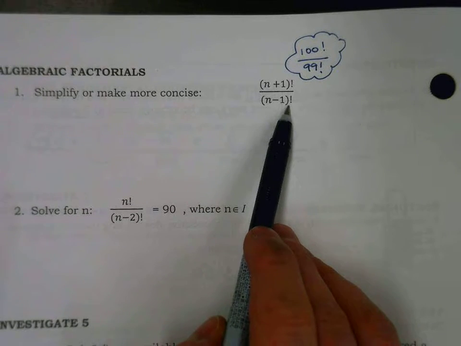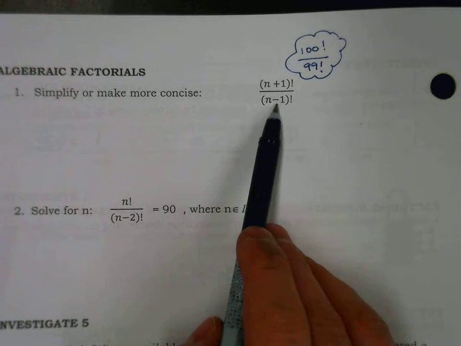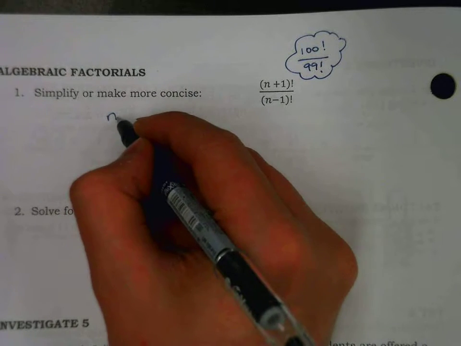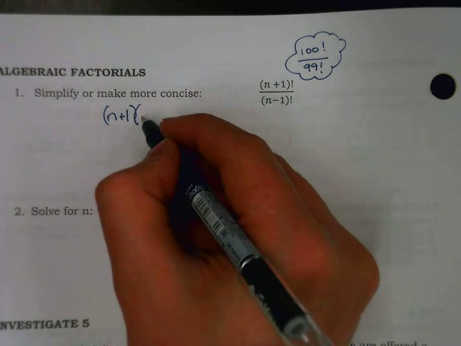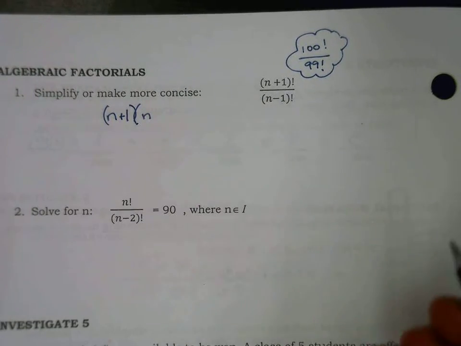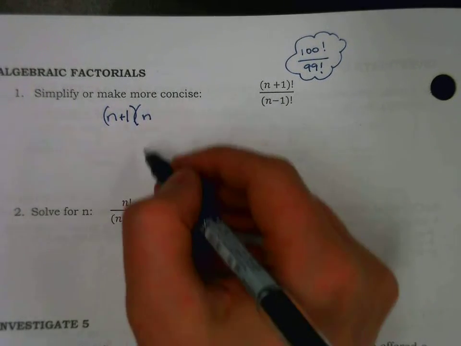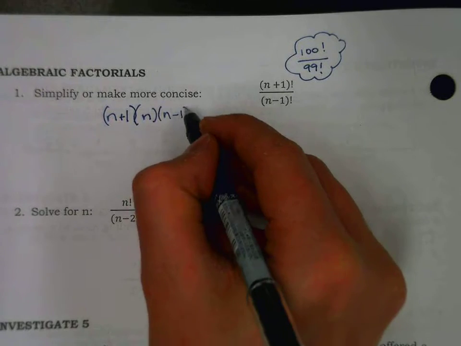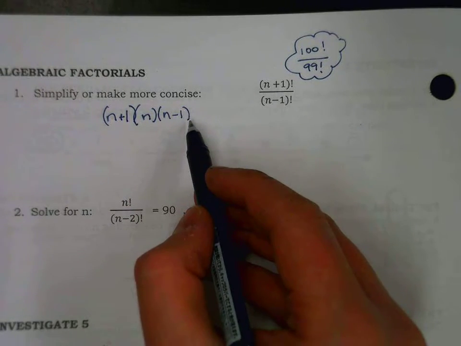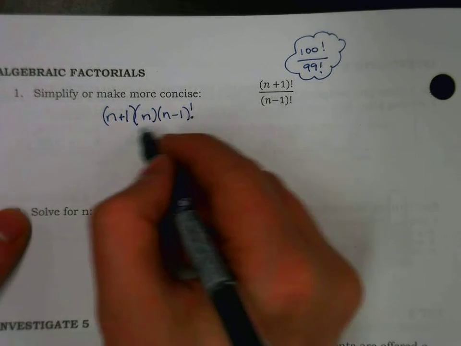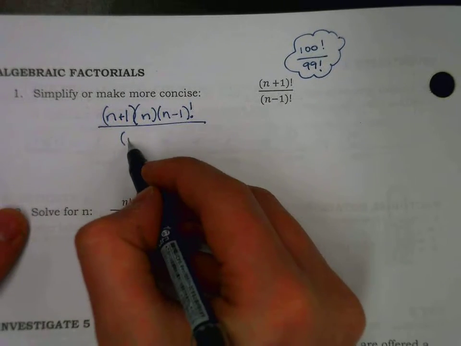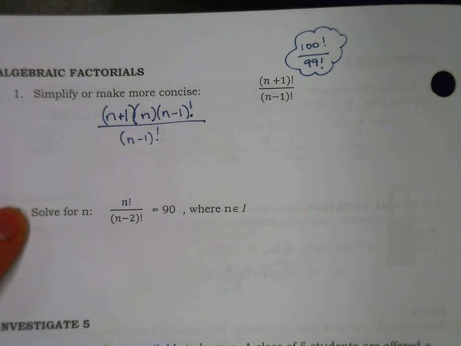We take the larger number, which in this case is the one that's adding 1, and we're going to descend n plus 1 factorial into an n plus 1, and then 1 less is n, take another 1 away, n minus 1, and I could keep going and say n minus 2, n minus 3, n minus 4, but I am going to stop there because I already have an n minus 1 factorial on the bottom.